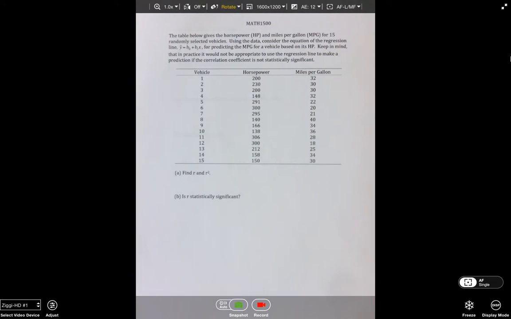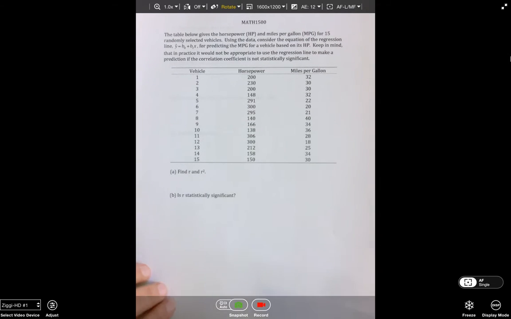Keep in mind that in practice, it would not be appropriate to use the regression line to make a prediction if the correlation coefficient is not statistically significant. It would be appropriate to create the model to better explain the relationship. But once we get into predictions, we want to assure that we have a statistically significant model based on the statistical significance of the correlation coefficient. So let's see how this plays out.